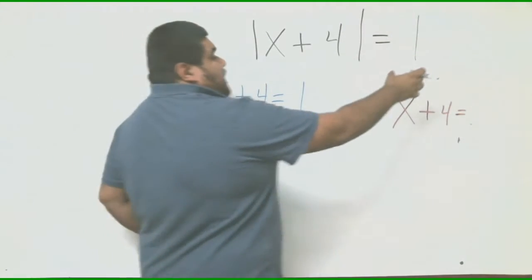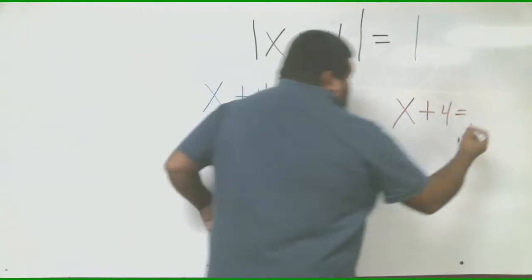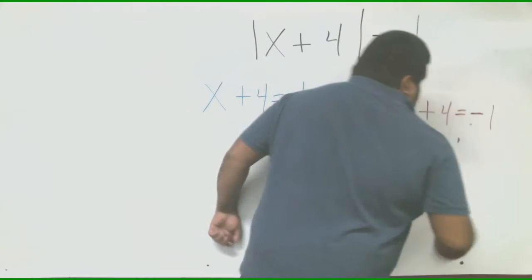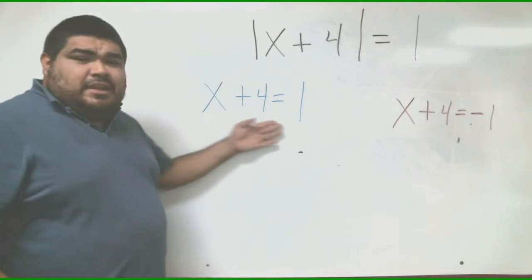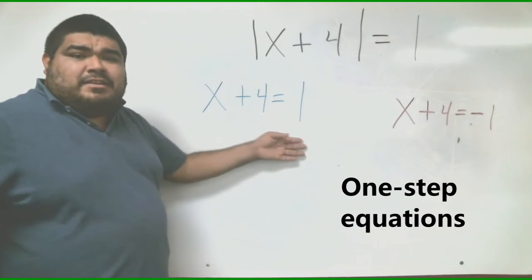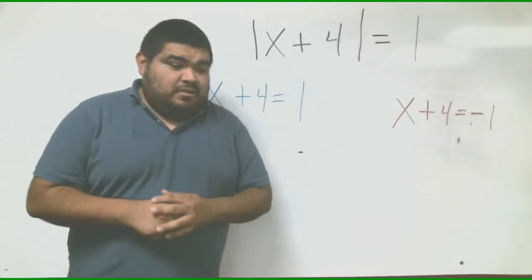The one that's going to be negative is always the number it equals, so negative 1. Now it looks a little easier, right? One-step equations, which we covered.